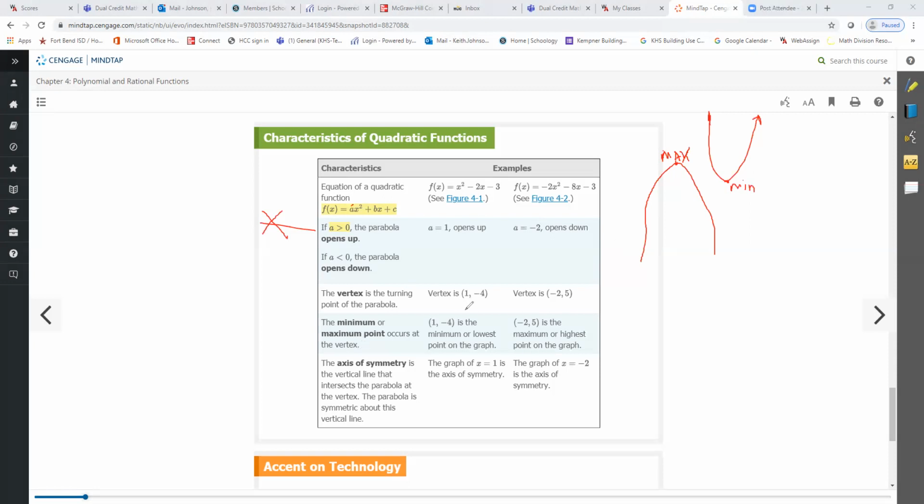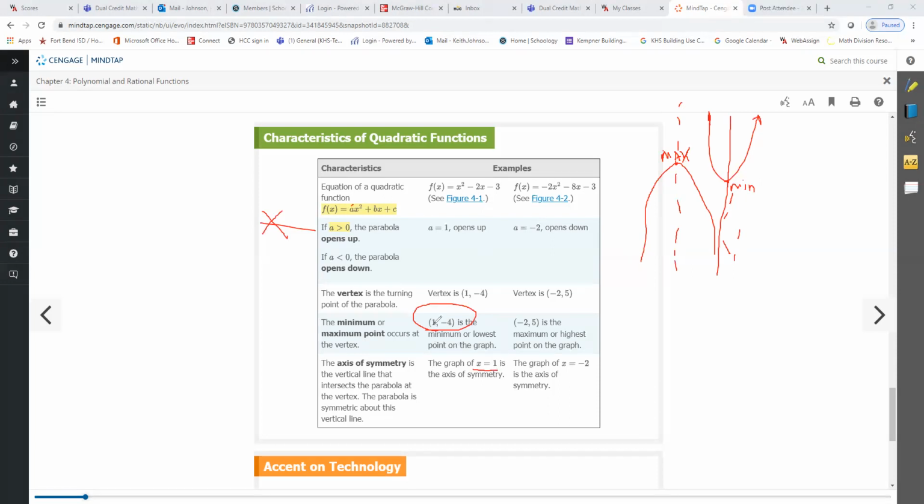And then your axis of symmetry goes through here. It always goes through your minimum or your maximum, and is a vertical line. That's your axis of symmetry. If my minimum is here, my axis of symmetry is x equals 1.